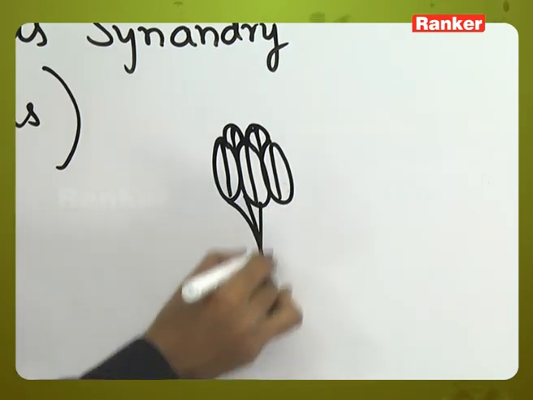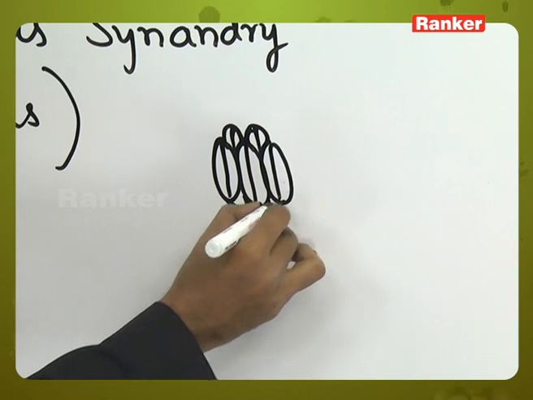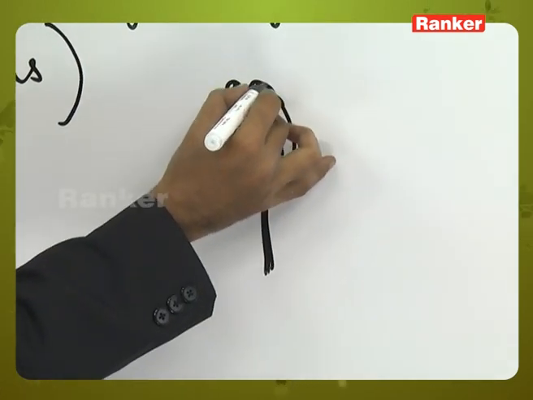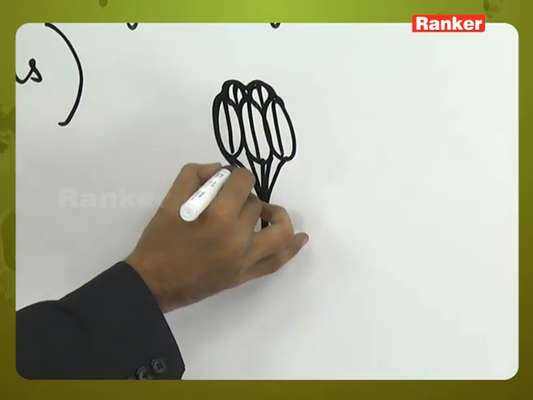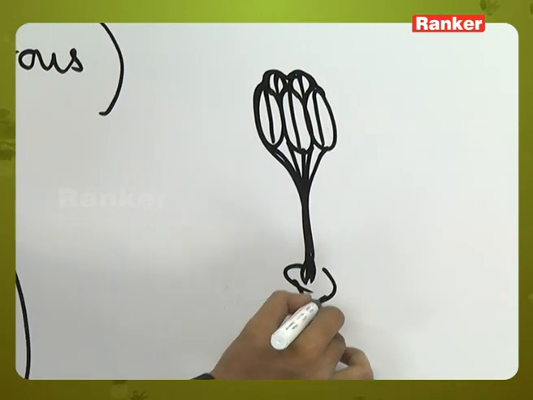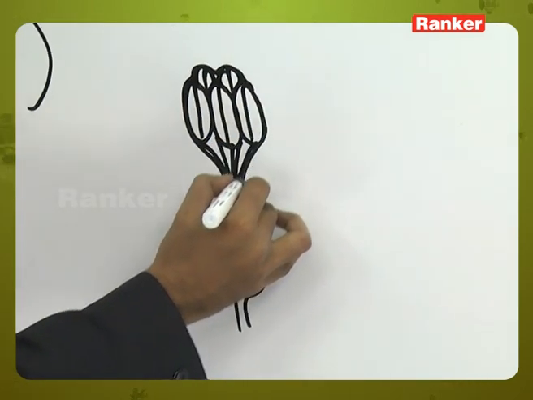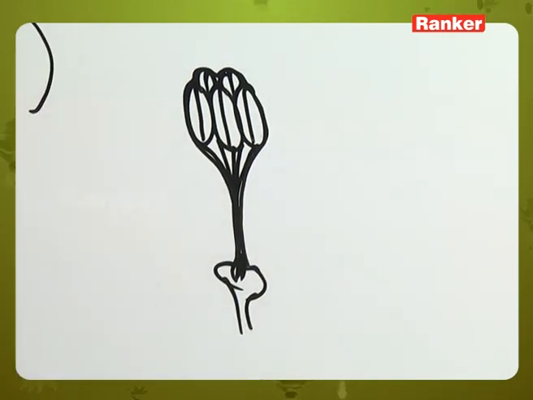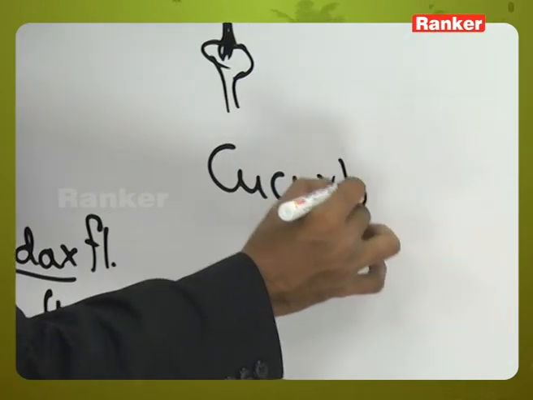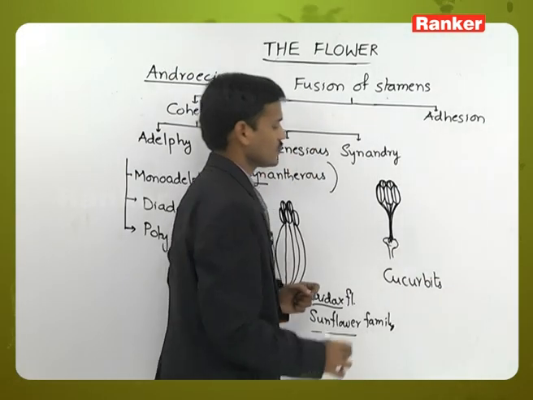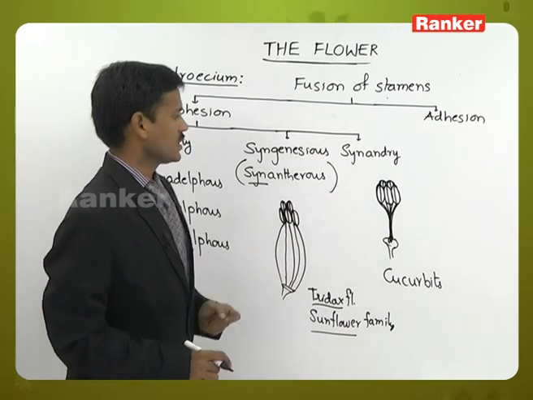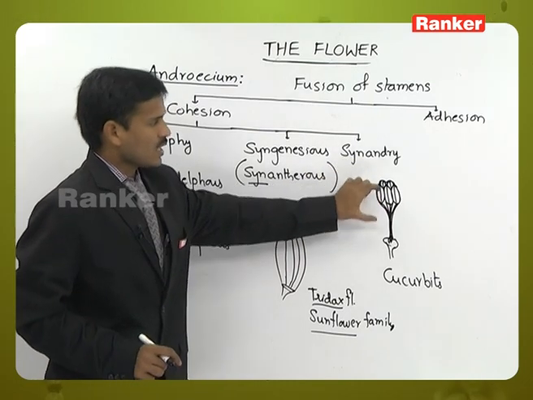Totally 5 stamens, and 5 filaments, all fused. This condition is synandry, observed in cucurbits or Cucurbitaceae family members.